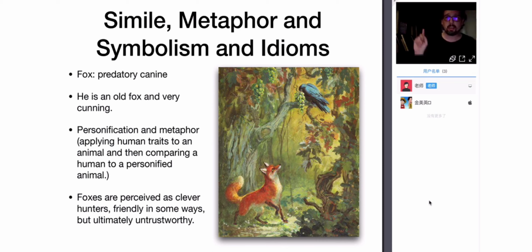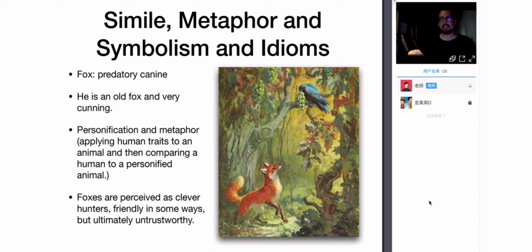That's personification onto a fox. And then making a metaphor, comparing a person who is cunning, untrustworthy, to a fox. So personification and metaphor, applying human traits to an animal, and then comparing a human to a personified animal.